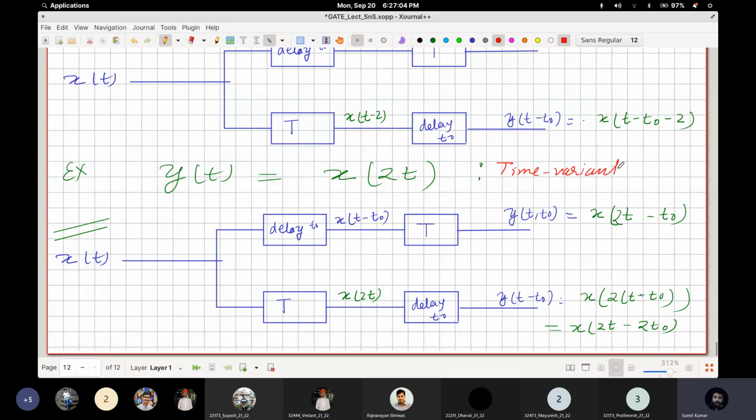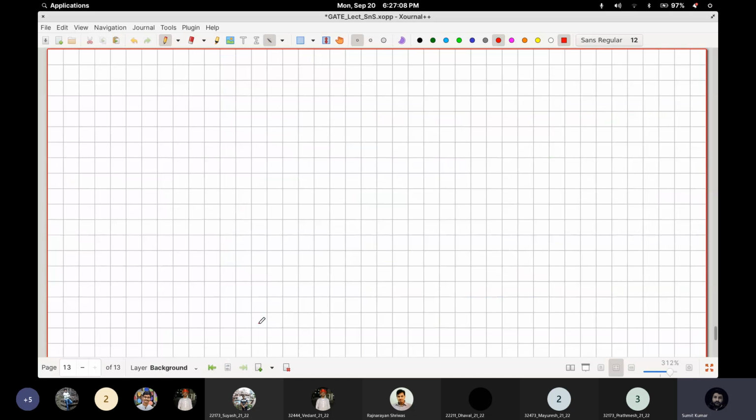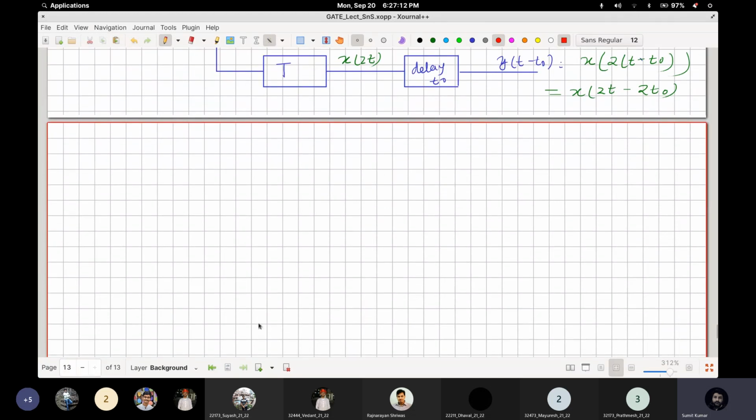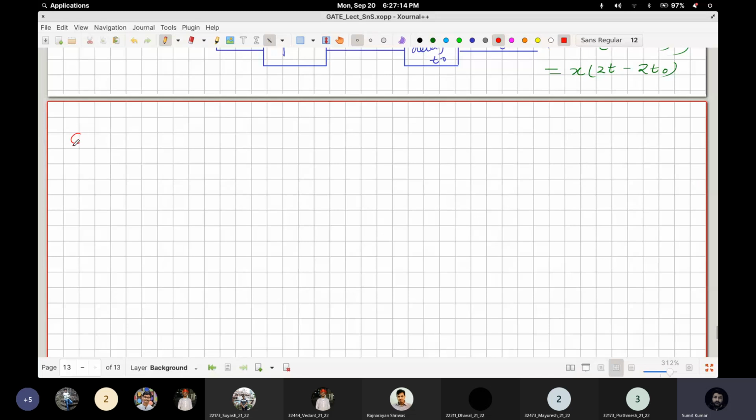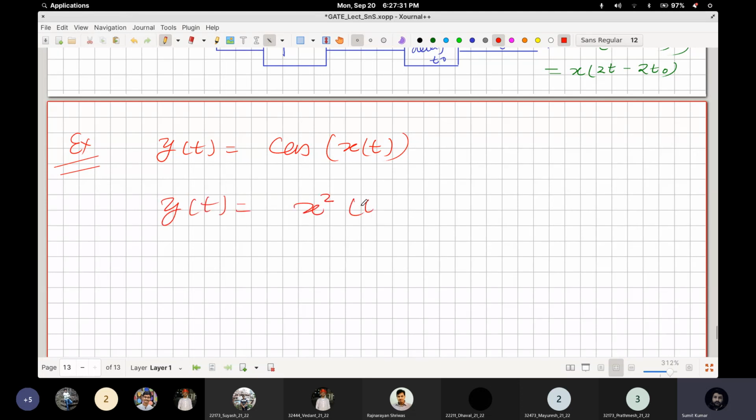Time variant system. Okay. So I'm just going to end this session today here. Just one question as homework I will give you, and then you can try that at home. So we have two questions. y is equal to cos x of t, and let me give one or two more, y is equal to x square t.